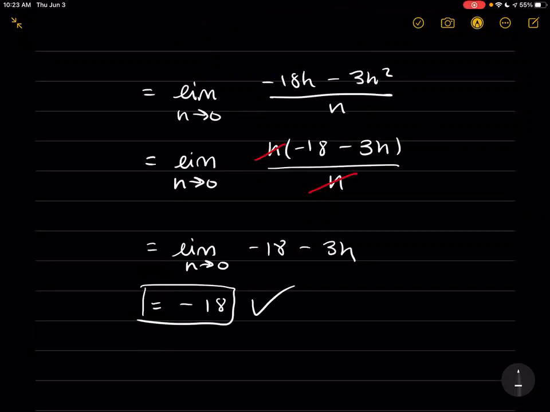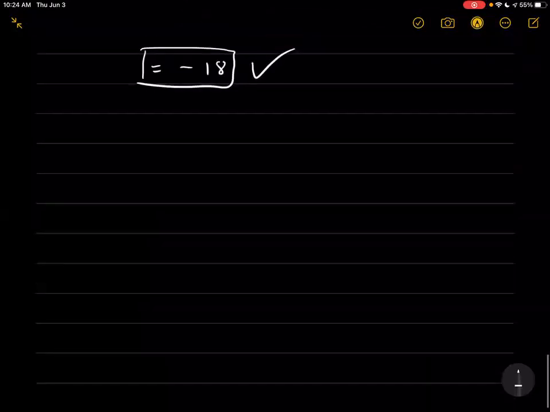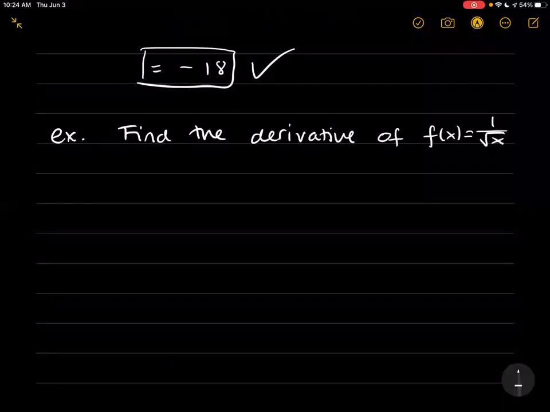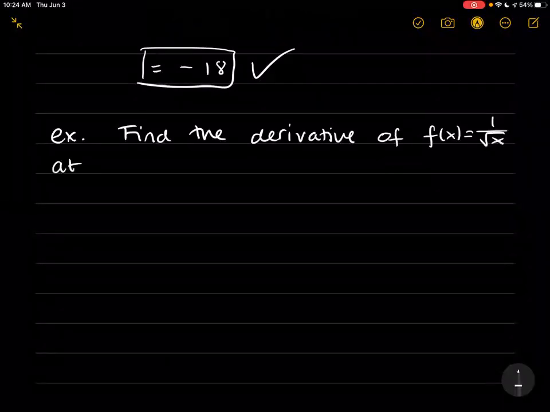Let's go ahead and take a look at something that might be a little more complicated. So let's say we want to find the derivative of, and let's say it's going to be f of x equals 1 over the square root of x. A little bit funky. At, let's just do x equals 4.